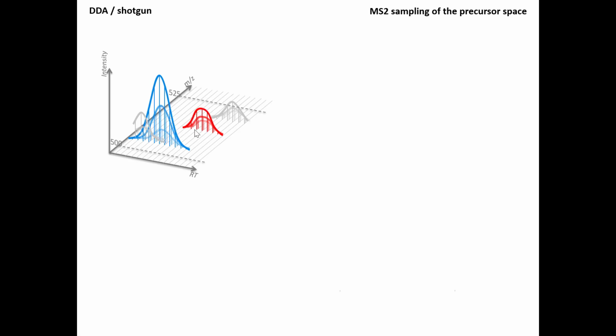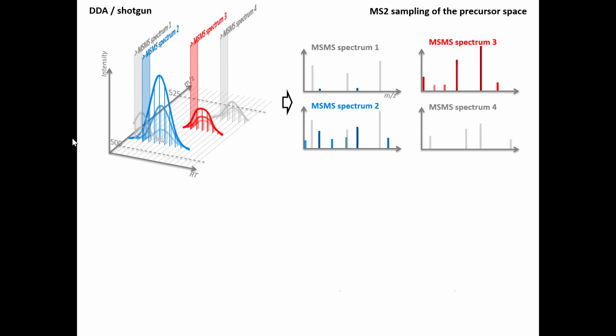In DDA, the way the machine is operated is that at each point in time, for each MS1 scan, the instrument asks what set of peptides are present, and it makes a decision on the fly about which peptide to select for isolation and fragmentation. That's what's represented by these boxes, the precursor isolation window.